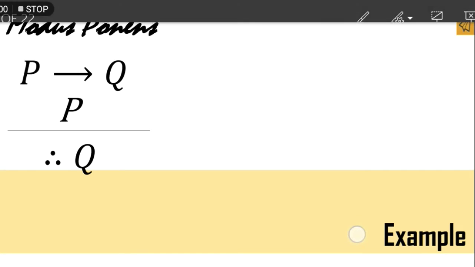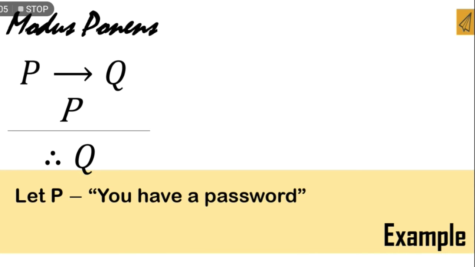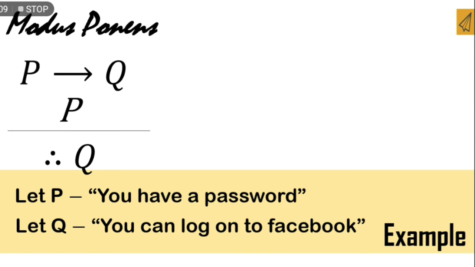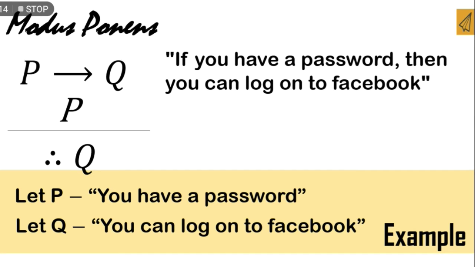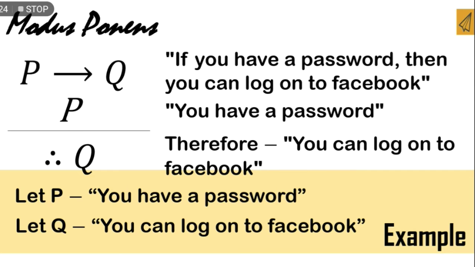Let P be "you have a password." Let Q be "you can log on to Facebook." If you have a password, then you can log on to Facebook. That is our P then Q. Second premise, you have a password. Therefore, you can log on to Facebook. That's so simple.